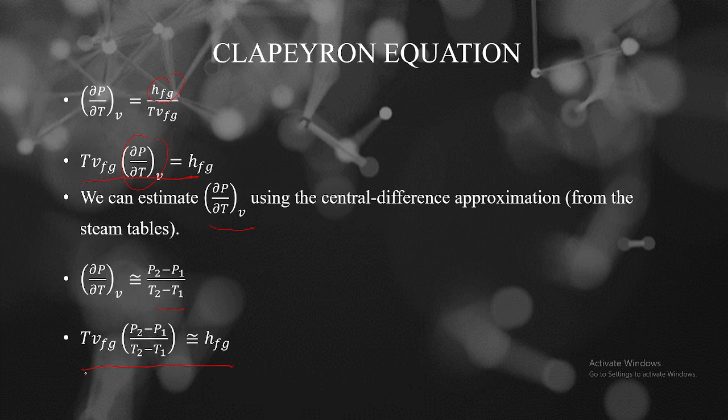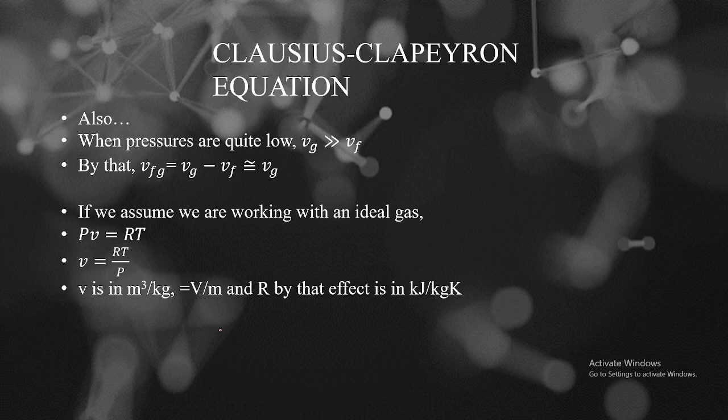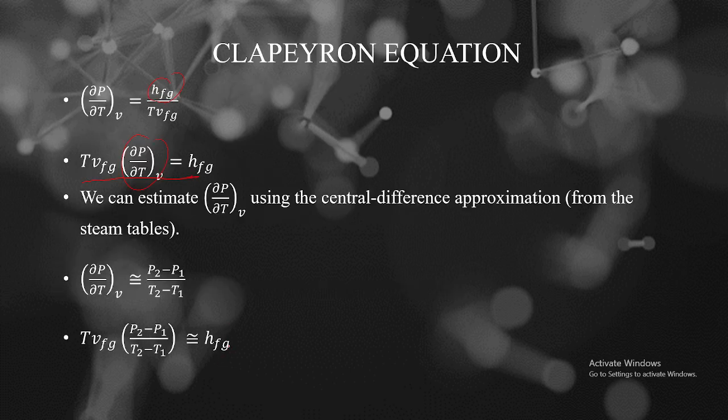So it means that this expression on the left-hand side is going to be approximately equal to HFG, because del P del T at constant V is approximately equal to that value. The value can be very close, but it's not going to be an exact value. So that's what we call the Clapeyron equation. This equation right here is what we call the Clapeyron equation.